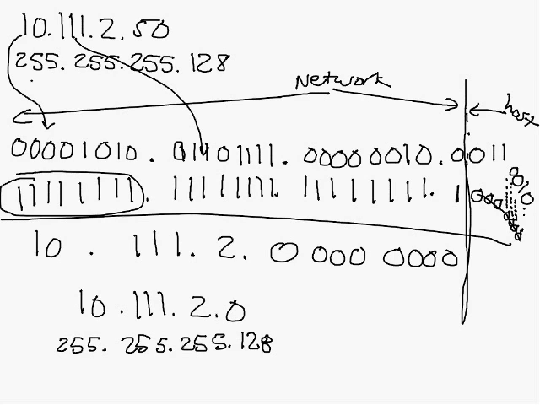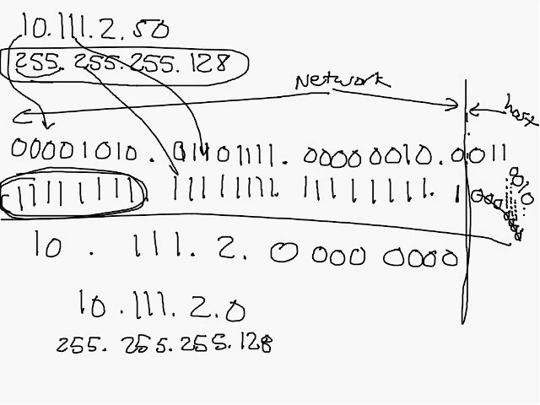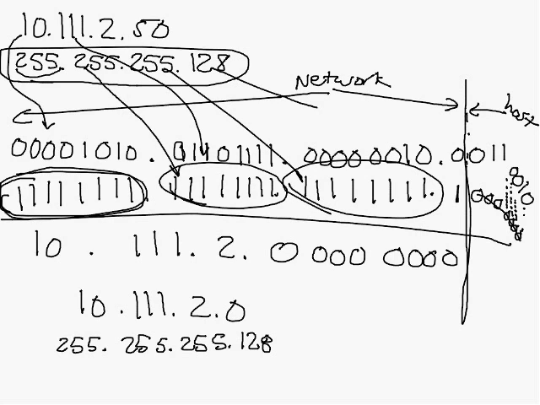The subnet mask tells you where the network bits end. All ones mean a network bit. All ones here mean these are all network bits. All ones for 255 mean network bits. All ones for 255 mean network bits. 128 means only the first bit of the last octet is a network bit. These bits are host bits. And that's what that means.